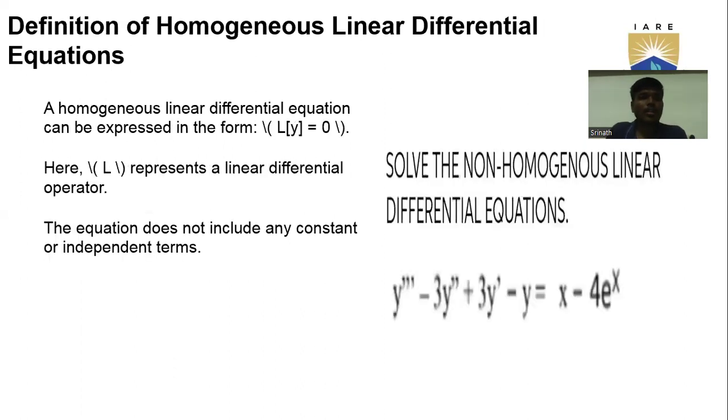Next is the definition of a homogeneous linear differential equation. A homogeneous linear differential equation can be expressed in the form L(y) = 0. This is the expressed form of a homogeneous linear differential equation.